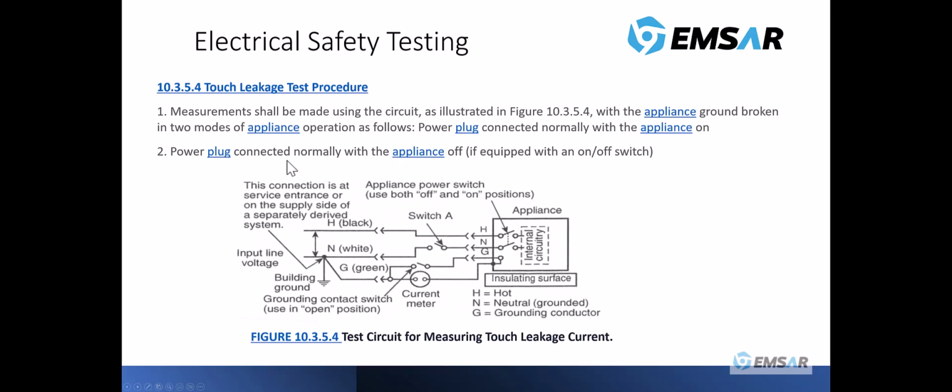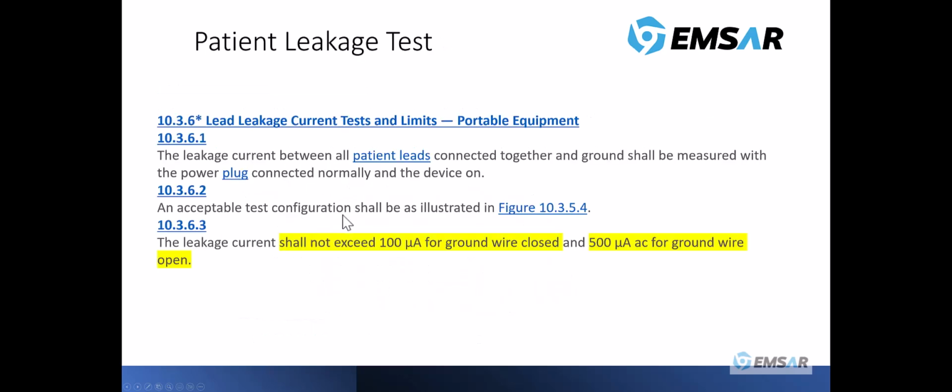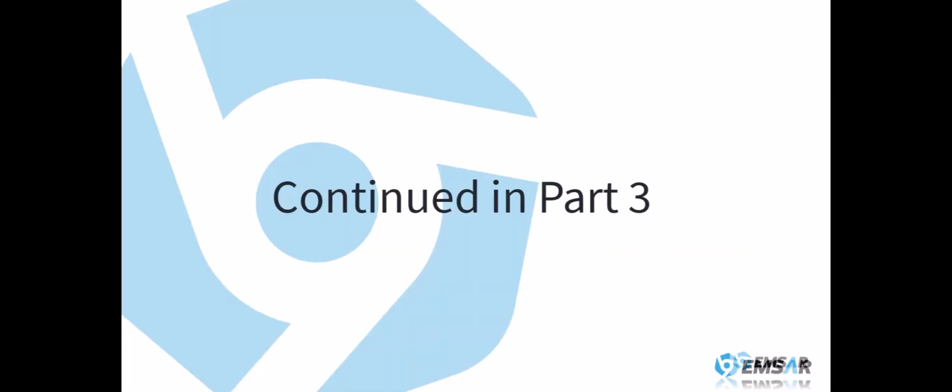So test it with the power on and the power off. Now, patient leakage, this is where we check the leakage between all patient leads connected together and to ground. It shall be measured with the power plug connected normally on the device. The leakage current shall not exceed 100 microamps for ground wire closed and 500 microamps for ground wire open.